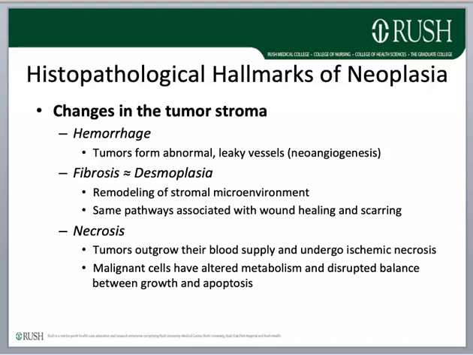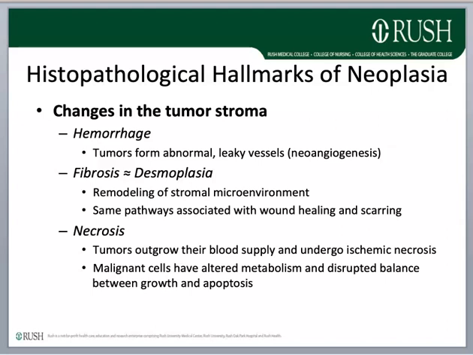These include hemorrhage. Remember, tumors form new blood vessels to supply themselves, but these vessels are abnormal and leaky, and these can leak red blood cells.